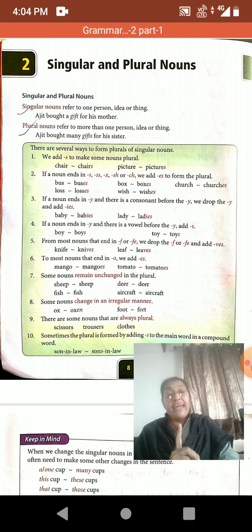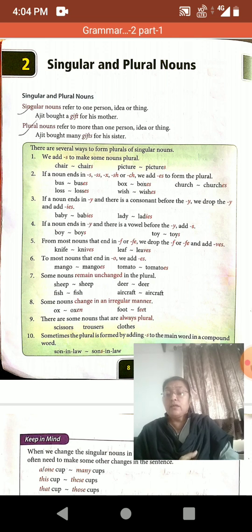Next rule, if a noun ends with f or fe, we drop it and convert it into ves. Knife, knives. Leaf, leaves.